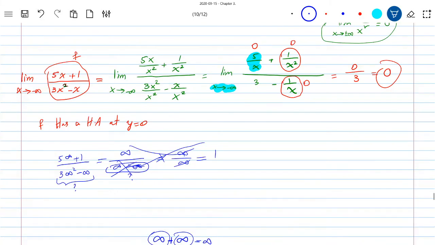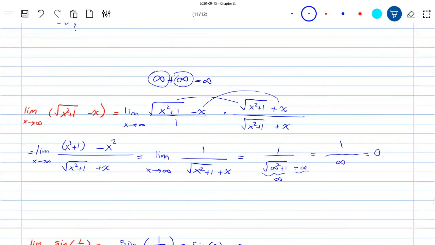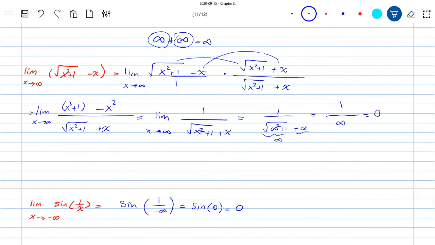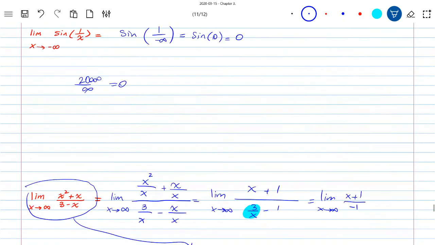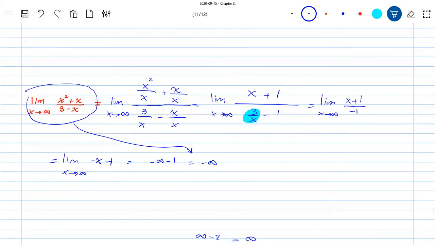And horizontal asymptotes are basically what you get as the limit at infinities. So in all these cases, the numbers that came up in the end were the horizontal asymptote. If you had negative infinity, for example, as the result, that means that when we calculated the limit of this function, it ended up with negative infinity as the limit.